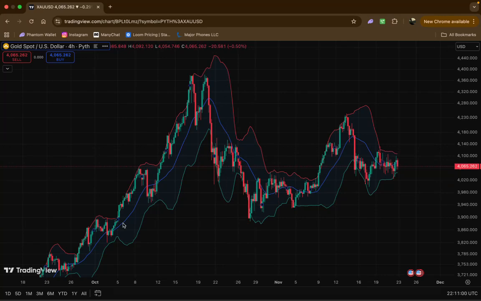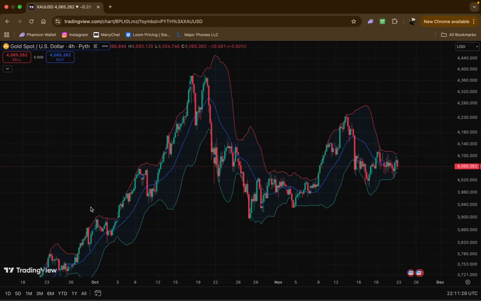If impulses shrink while corrections expand, the trend is weakening. If corrections get shallow and impulses stay strong, then the trend is healthy. Think of trends like a rhythm. Once you hear this rhythm and understand this rhythm, you no longer really need lines or boxes or zones to guide you. Now let's talk about volatility, because volatility can be considered the heartbeat of the market.